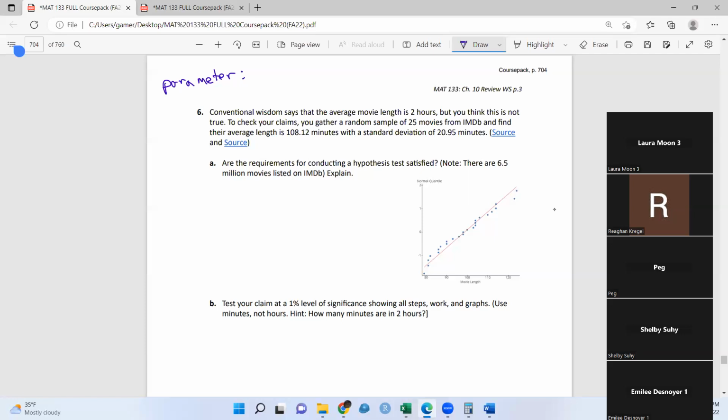What do y'all think? What parameter are we working on, and how do we know it is that parameter?